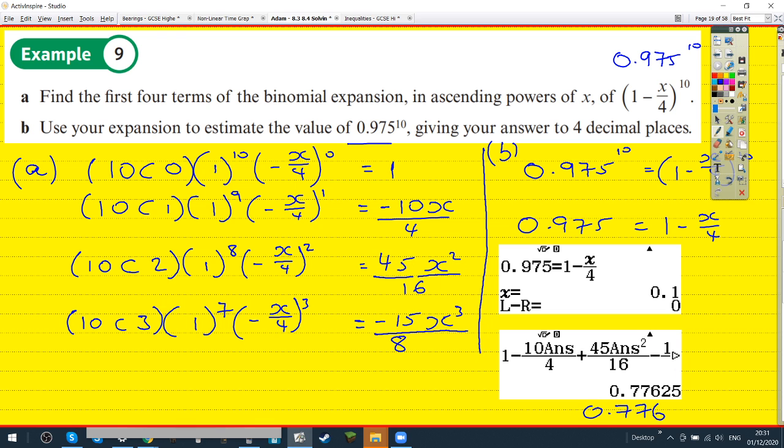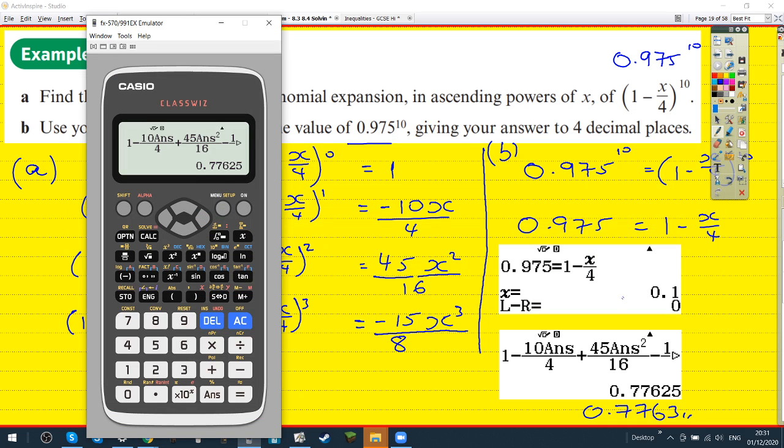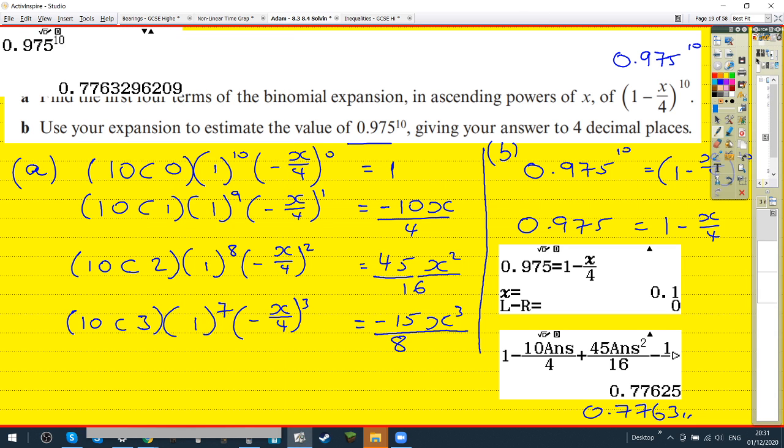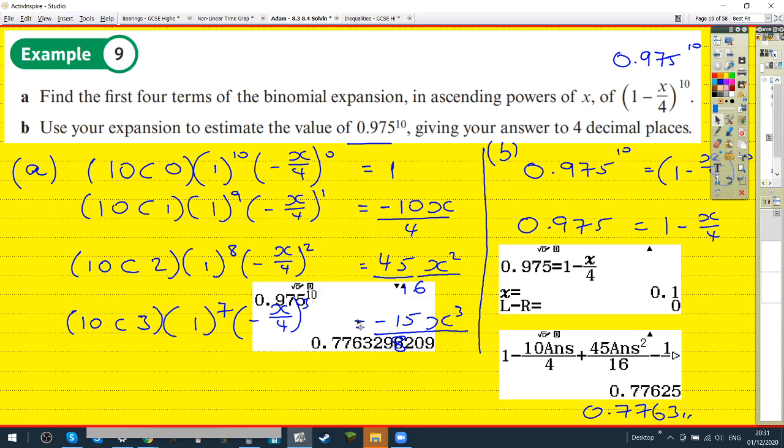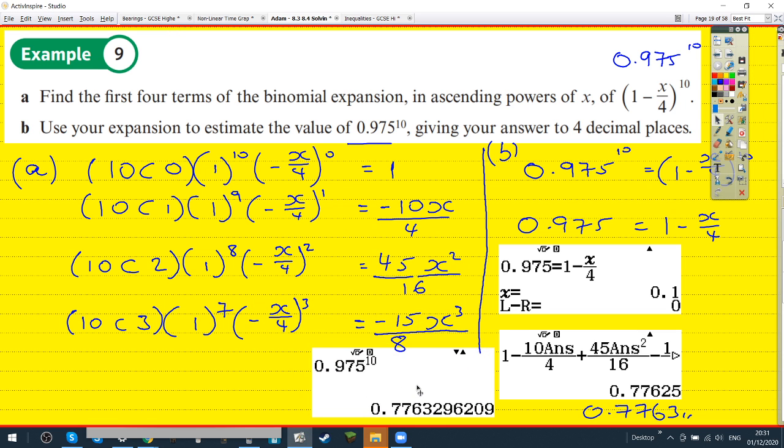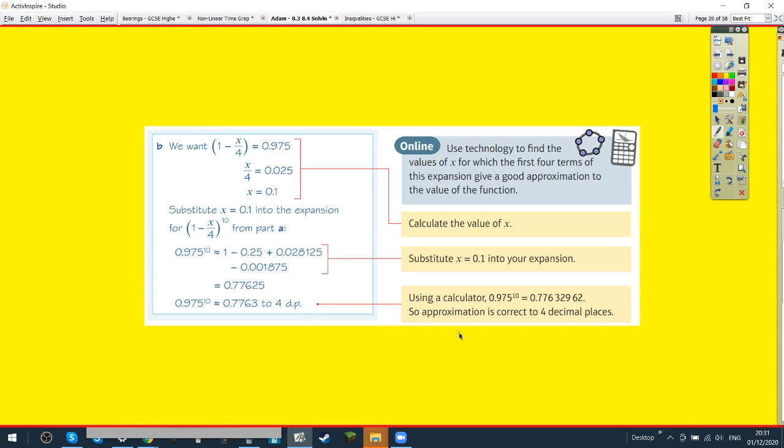Let me now go back. This was the exact, or much more accurate value. Yep. But it's kind of a non-calculator thing. So 0.7763 and lots of other stuff. 0.7763. That was our expansion.